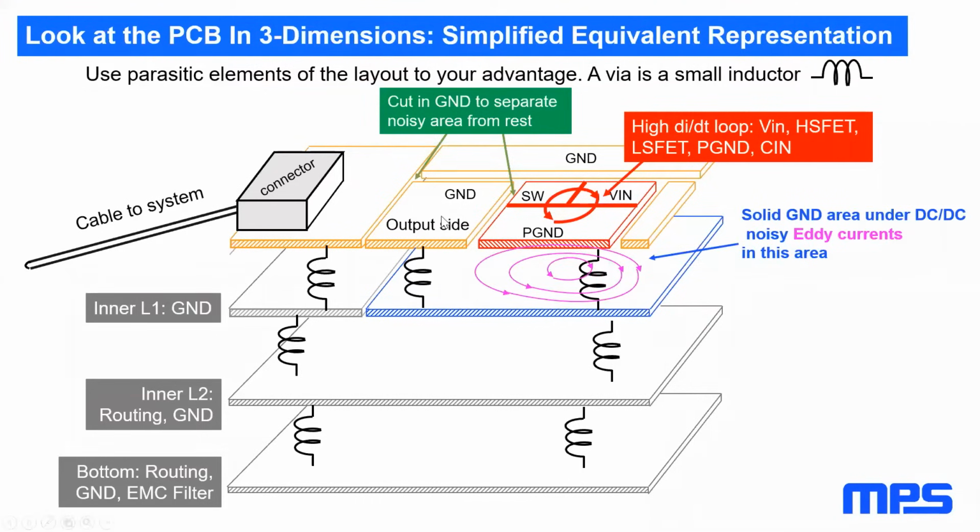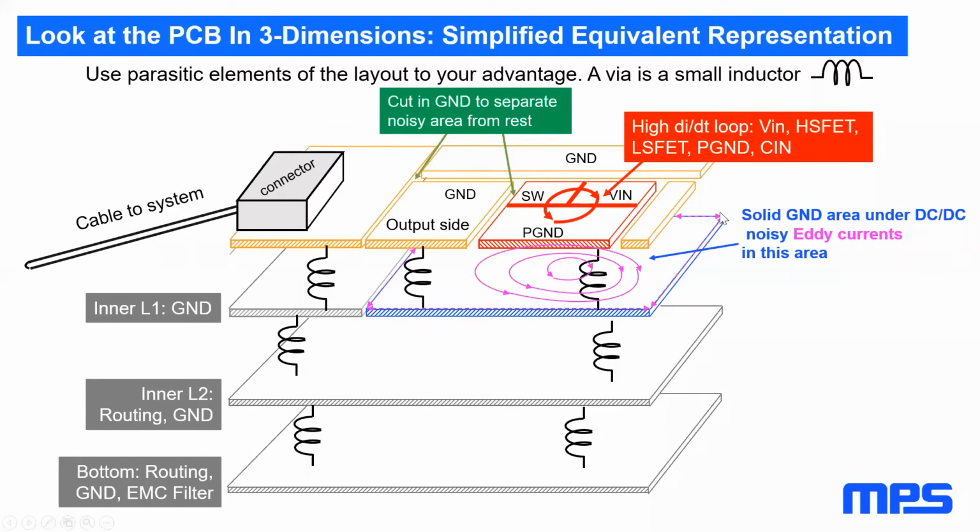We have this in light blue, the solid ground area under the DC-DC block, where we have eddy currents from the hot loops. As the impedance of every PCB trace is not zero, this area is pretty noisy due to the high di/dt and the finite impedance.